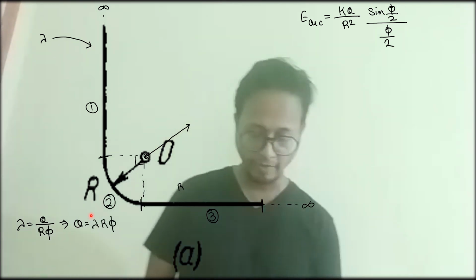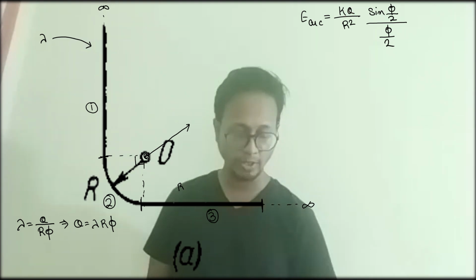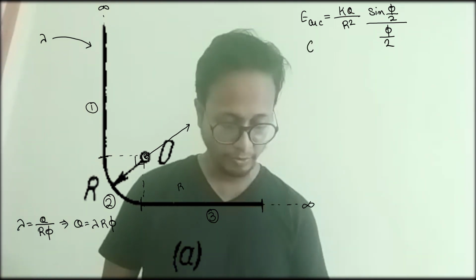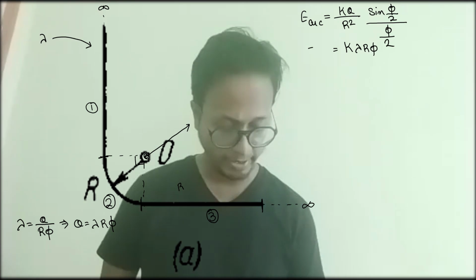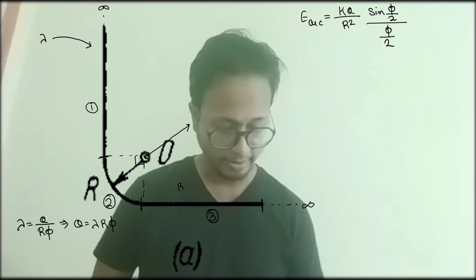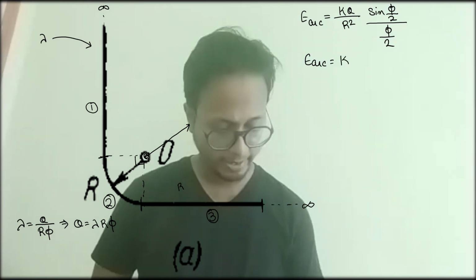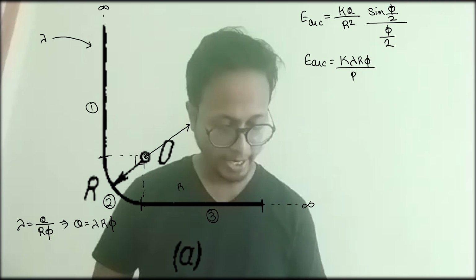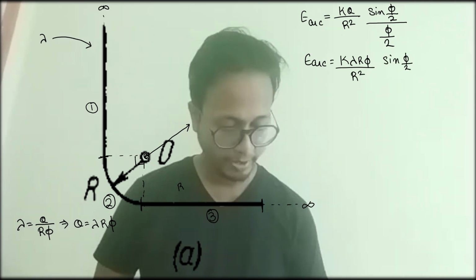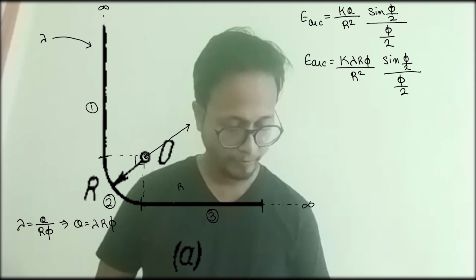If I substitute the value of Q here, what do I get? Electric field due to arc is equal to k into lambda r phi, which is the value of charge, divided by r square into sine phi by 2 divided by phi by 2.